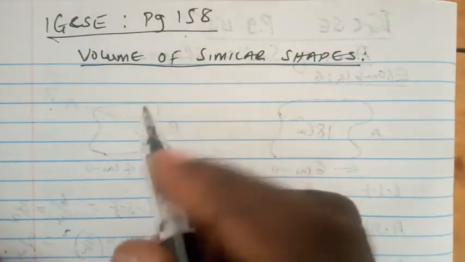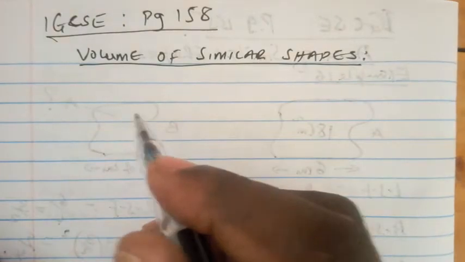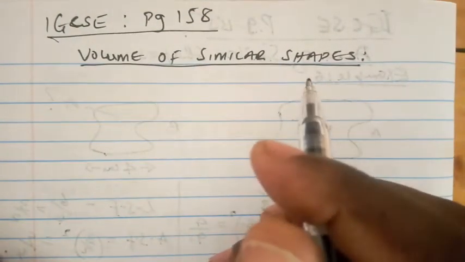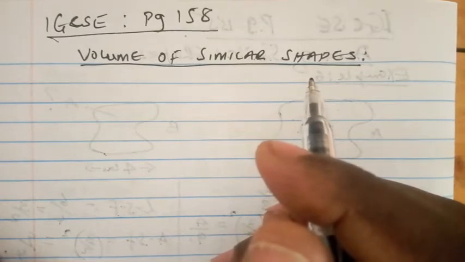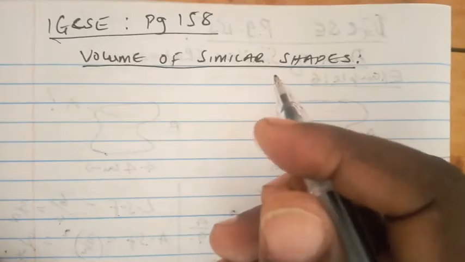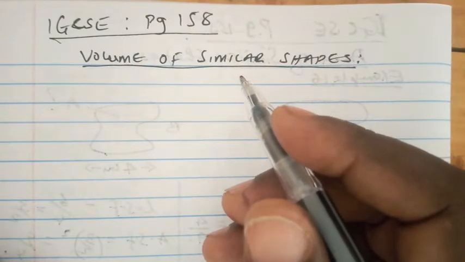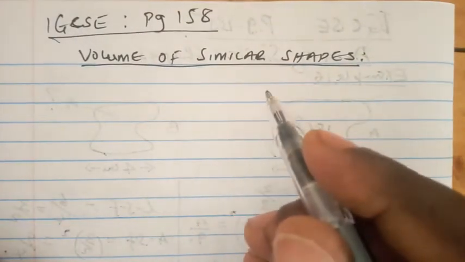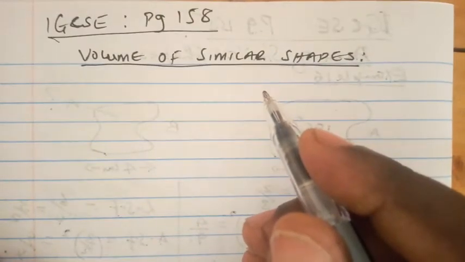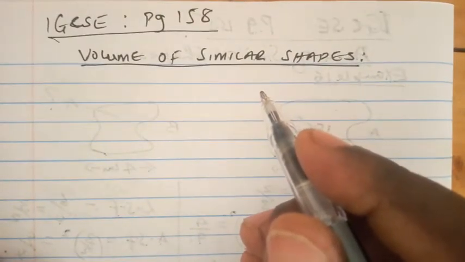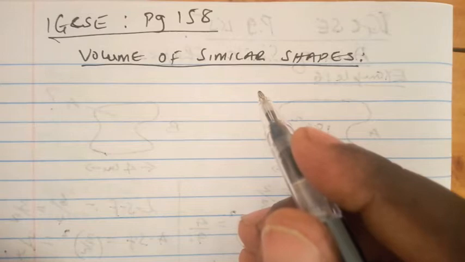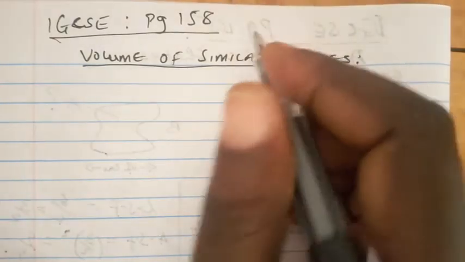And we continue to explain shape and space 7. And today we'll be looking at volume of similar shapes. We have talked about area of similar shapes, and we have talked about similar shapes are shapes that look the same, but of course, they could be of different sizes, and that is it.